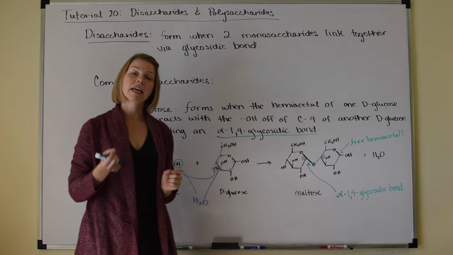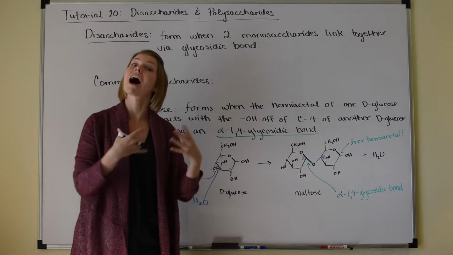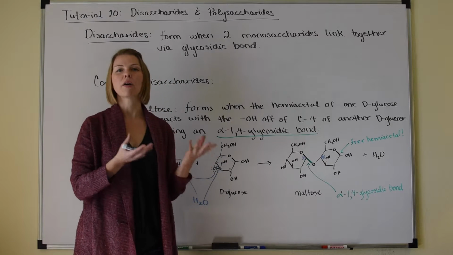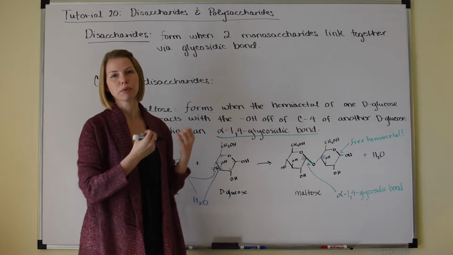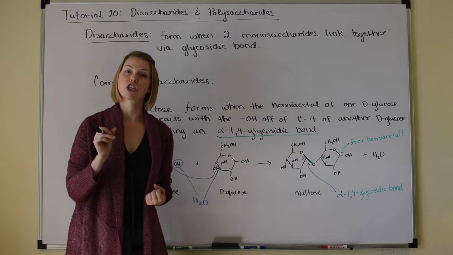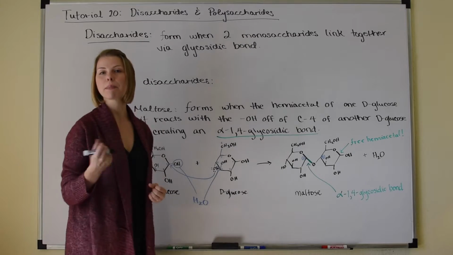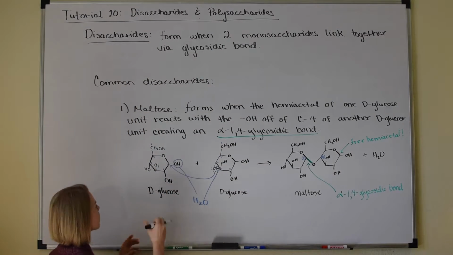Well, an aldehyde can undergo oxidation. So maltose can be oxidized via that free aldehyde. Now, if it gets oxidized, that means that something else has to be reduced. And that's why maltose is called a reducing sugar. It can cause another substance to be reduced by being oxidized itself. So let's write that down here.